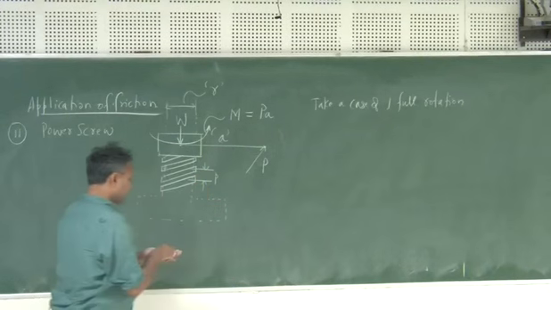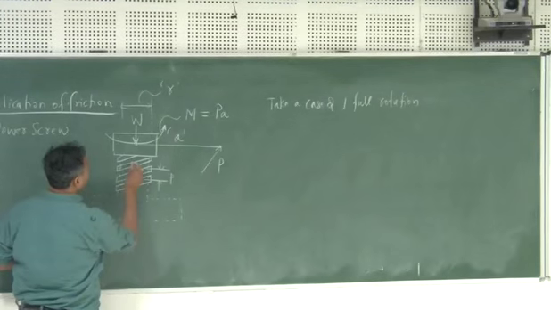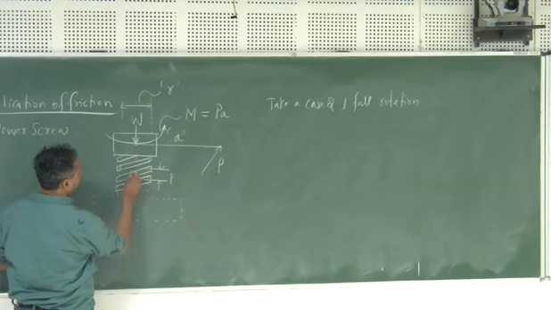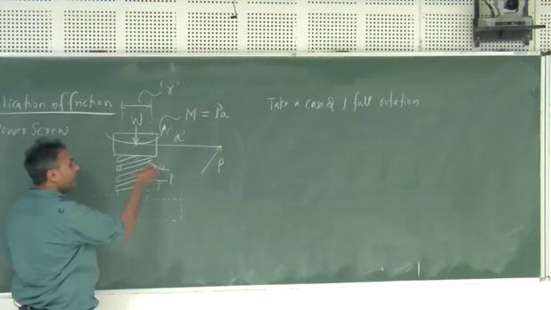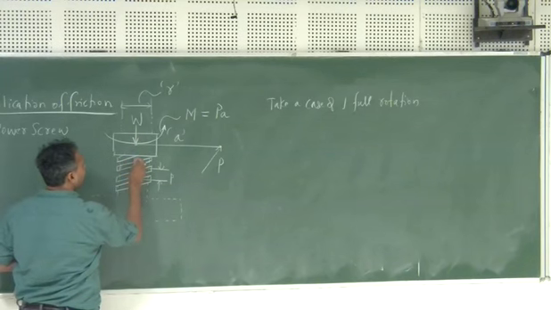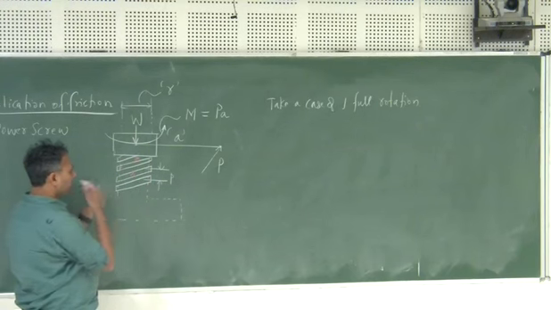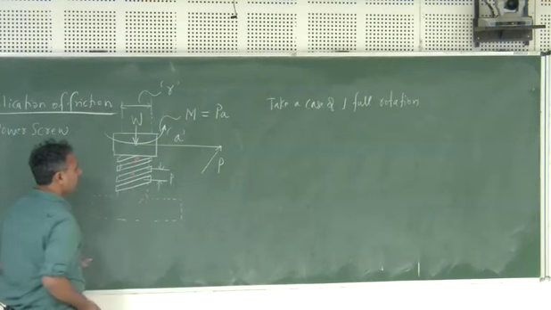In this case, we can assume that point A is raised to point B. When it is going up, this will become point B. In one full rotation, the radius of this particular thing is given as R.